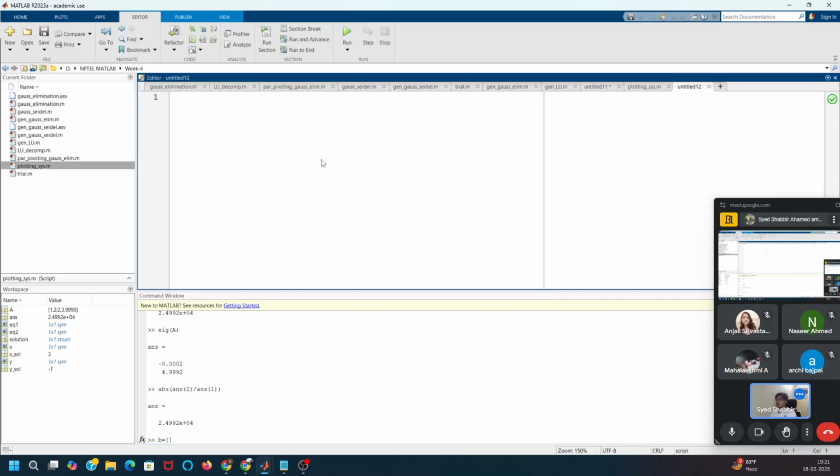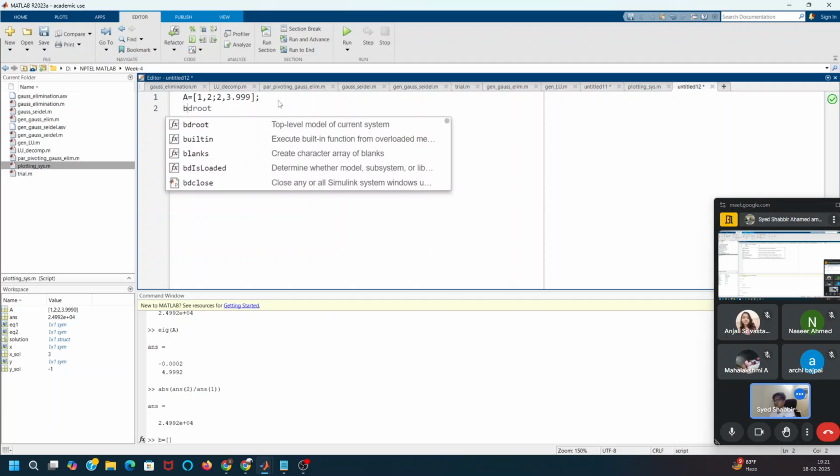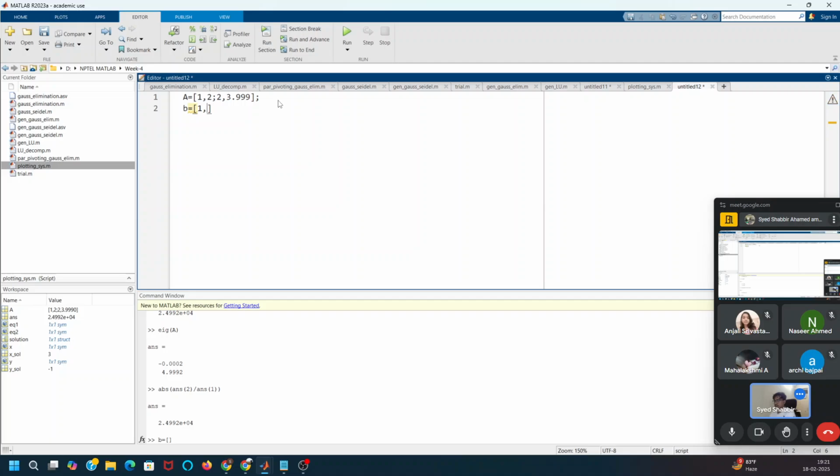Okay, I'll just say I have B as 2.2 comma 3.9, and B is equal to 1 comma 2.01, and I want the solution, let's say X is equal to inverse of A into B.